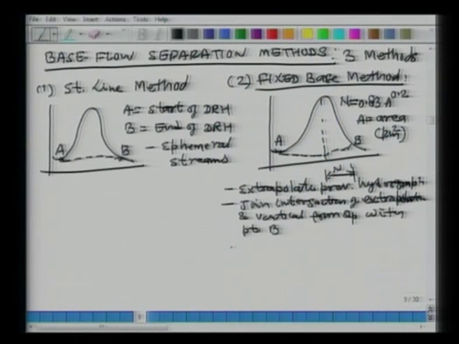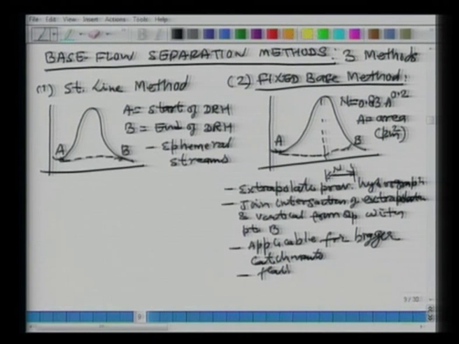This type of method is applicable for bigger catchments, and also flatter catchments. Okay. Why do we say that?